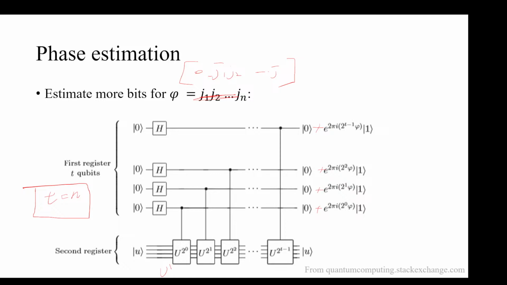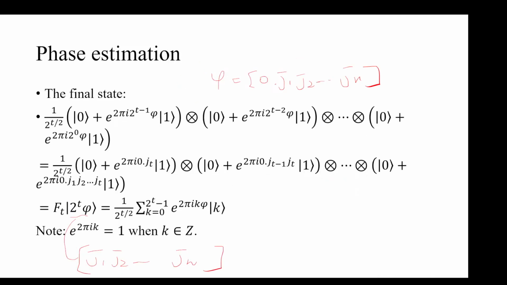So assume our bits are j1 to jt. Then we don't need this t equal to n thing. Our things are just j1 to jt. Sorry for the confusion.